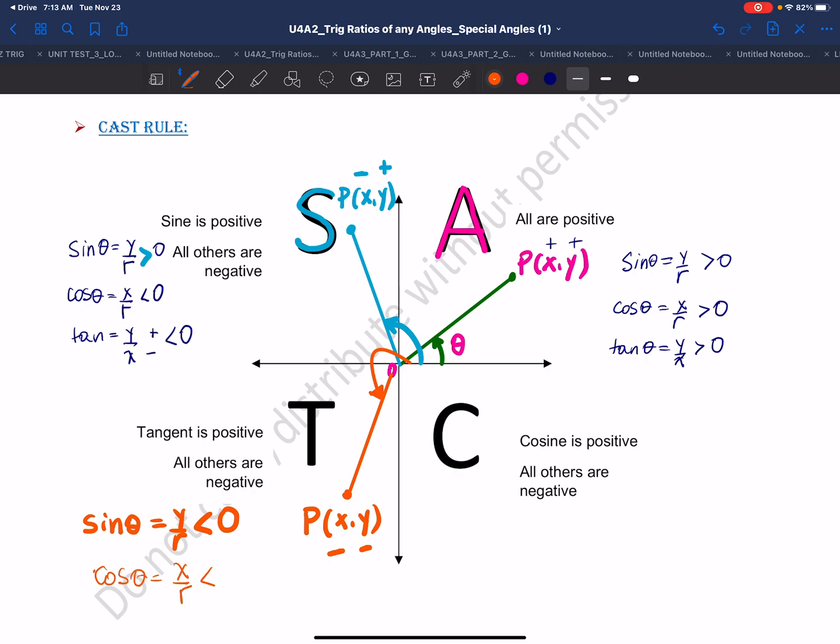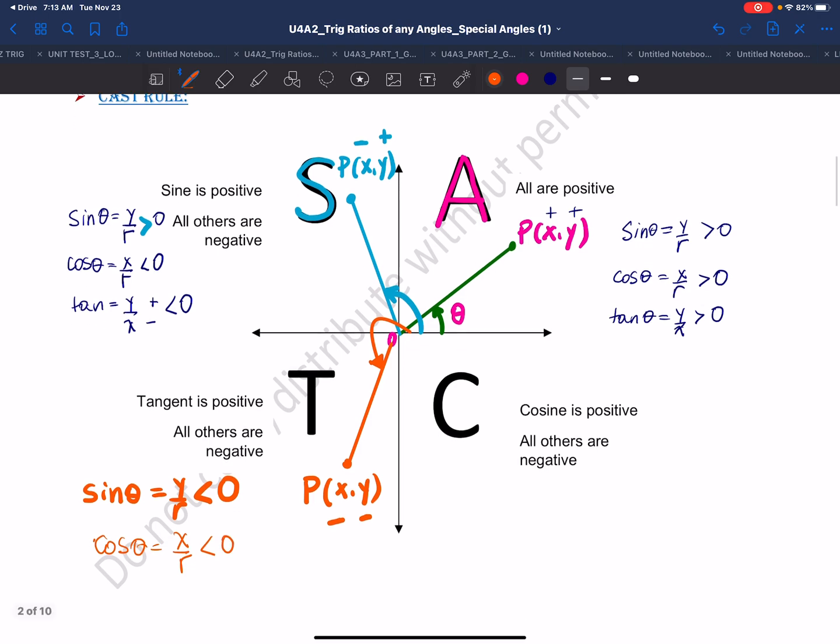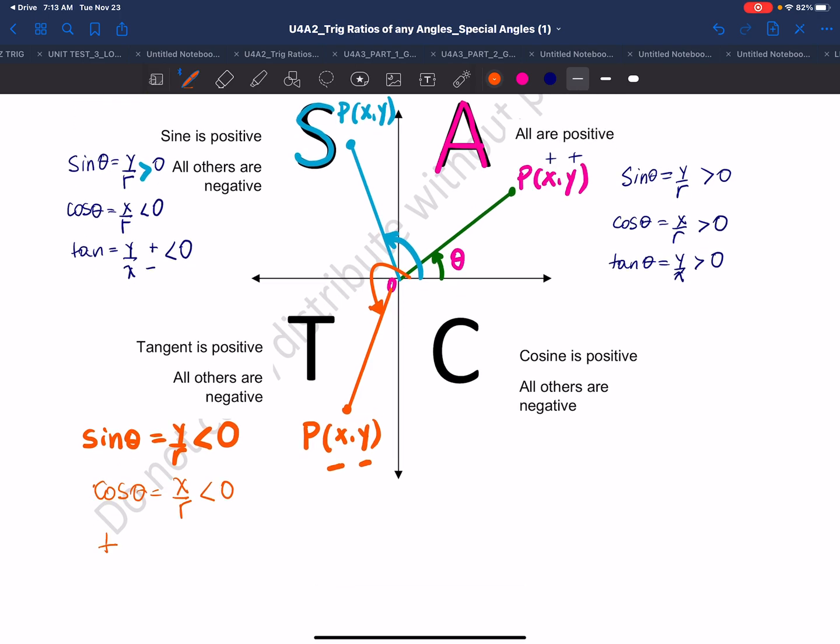So x is negative, while r is always positive, so negative. And tan theta equals y over x. And with y being negative and x being negative, we're going to have a positive ratio. So we're going to say that in this quadrant, the only ratio that stays positive is the tan ratio.